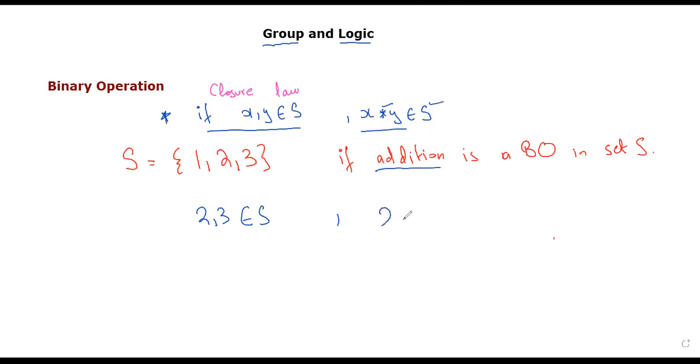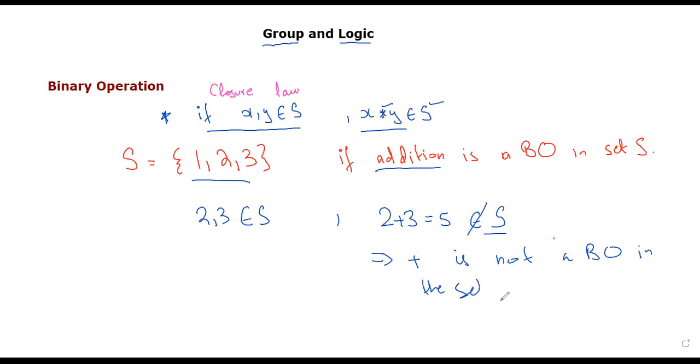So 2 plus 3 is giving me 5, and 5 does not belong to this set. This implies addition is not a binary operation in the set S.